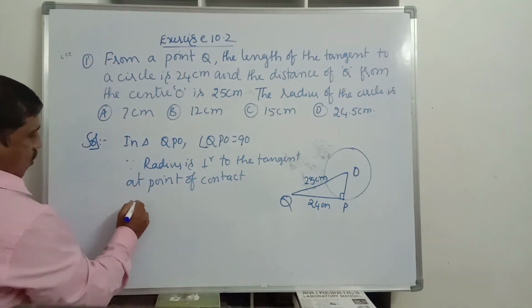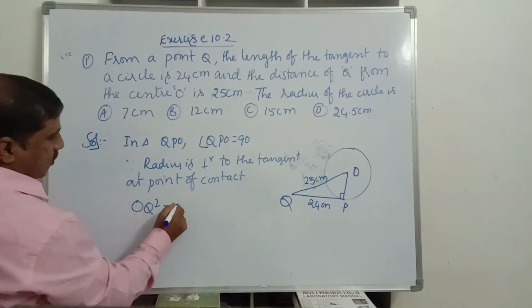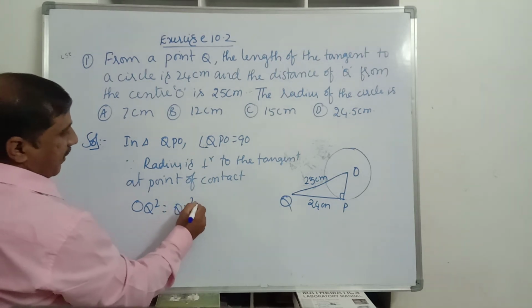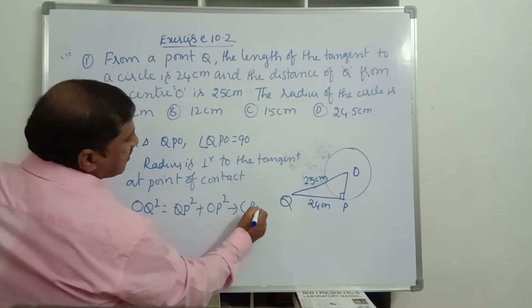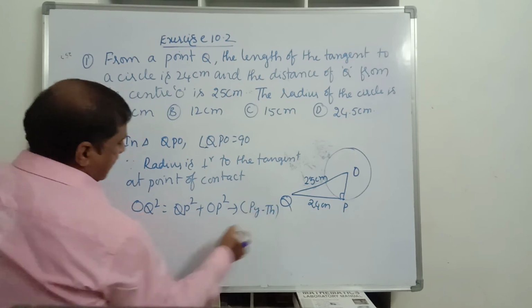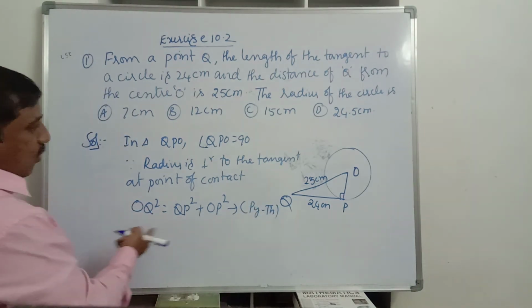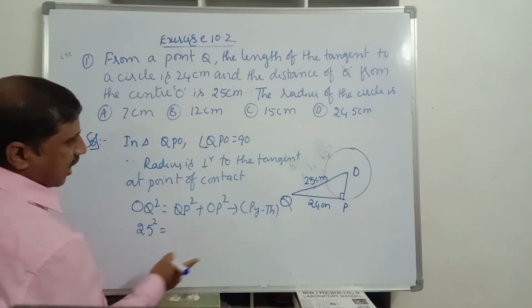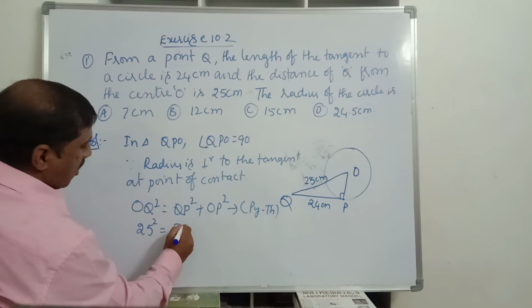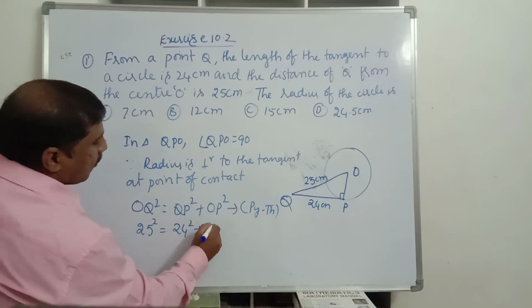Therefore OQ square is equal to PQ square plus OP square by Pythagoras theorem. Now substitute the values. OQ is equal to 25, so 25 square is equal to QP, which is 24, 24 square plus OP square.